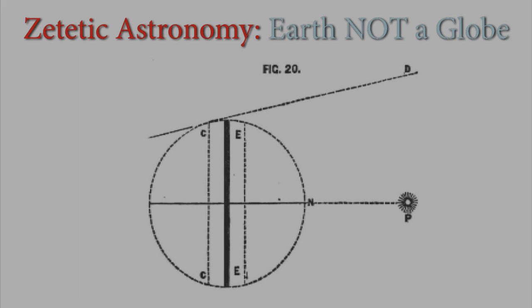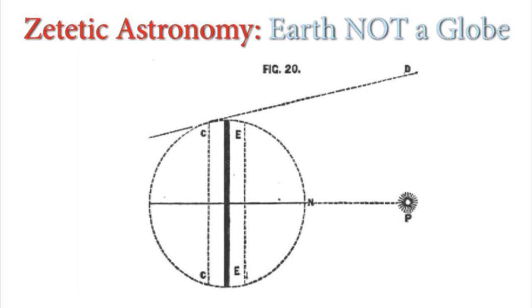Let N represent the North Pole, E the equator, C the Tropic of Capricorn, and P the polar star. It will be evident that the line of sight CD, being a tangent to the Earth beyond the equator E, must diverge from the axis N and could not by any known possibility cause the star P to be visible to an observer at C. No matter how distant the star P, the line CD being divergent from the direction NP could never come in contact with it.